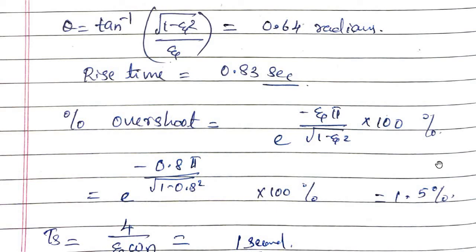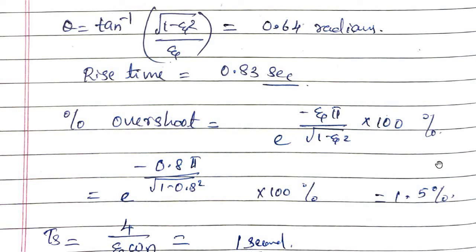If they have not specified the tolerance band, we can always take it as 2%. For a 2% tolerance band, settling time is equal to 4 by zeta omega n. So, we will get the settling time as 1 second. Here the time constant of the system, T, is 1 by zeta omega n.